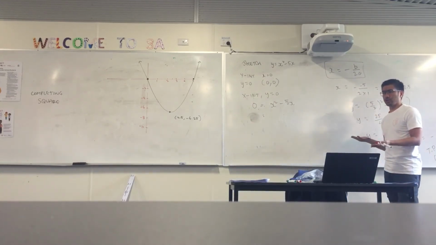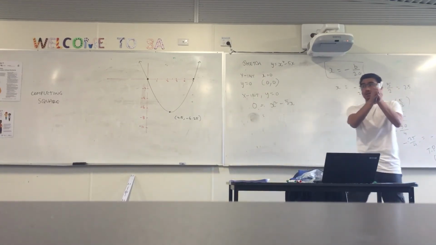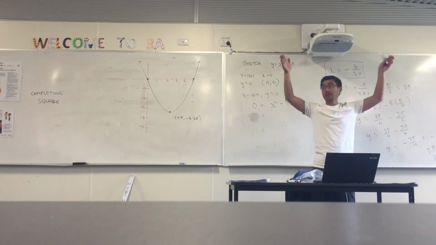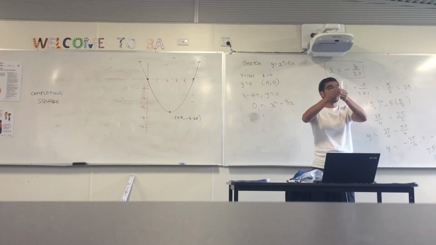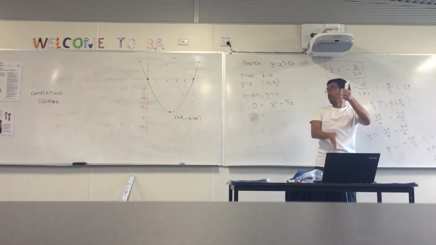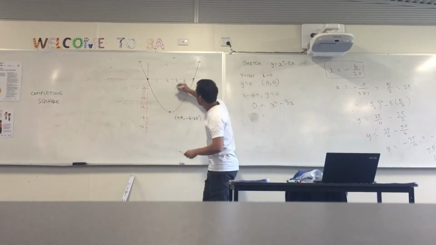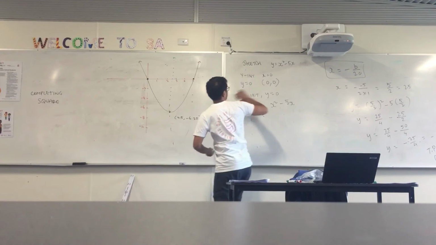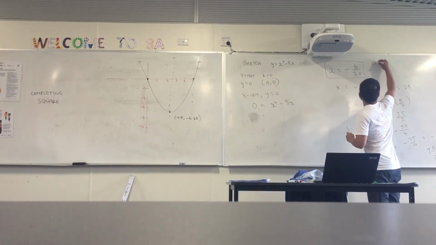The thing about, what do we call these things? Parabolas. The thing about these is that if you find a halfway mark, there's an axis of symmetry at 2.5 right down here. This is an axis of symmetry equation.